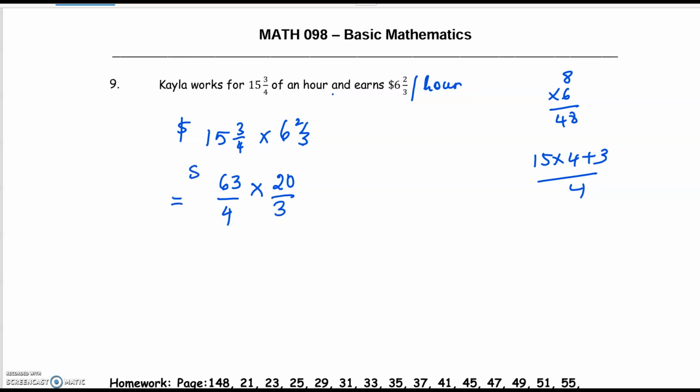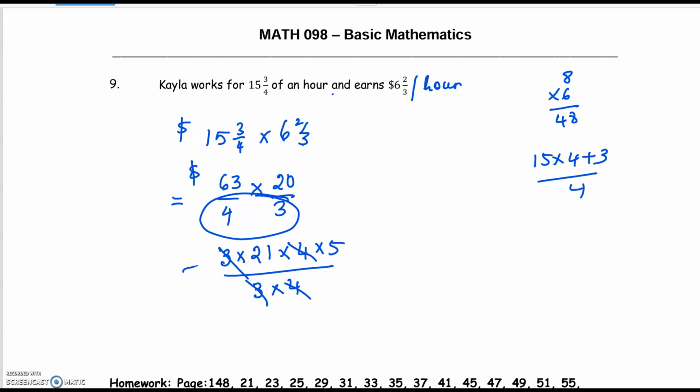So this is the amount that she makes. 3 goes into 63, 21 times. 4 goes into 20, 5 times. So the 3 and the 4 in the denominator cancel. And this tells us that the amount of money that Kayla makes is $105.